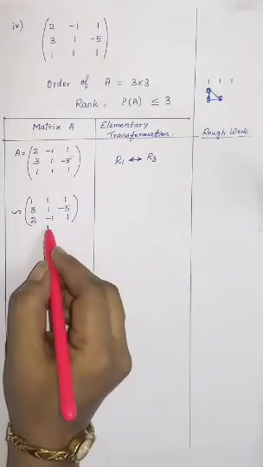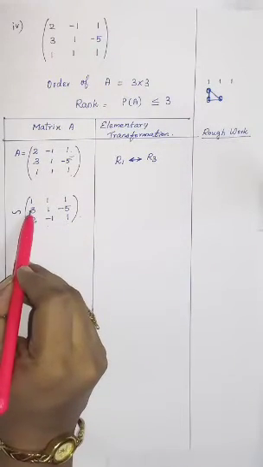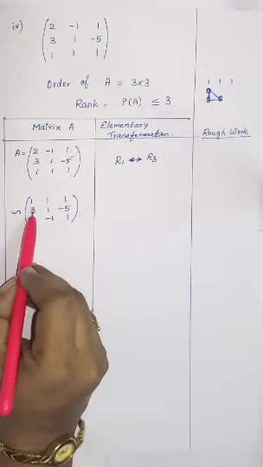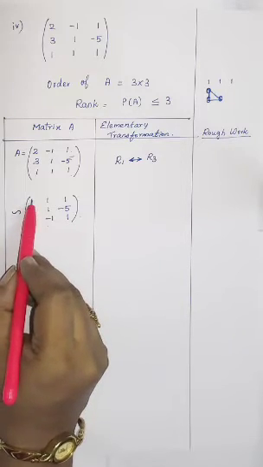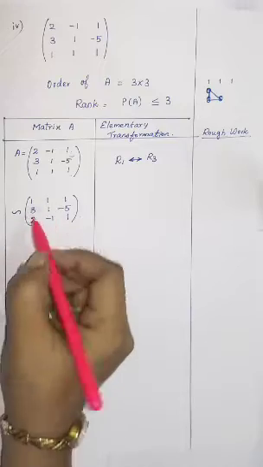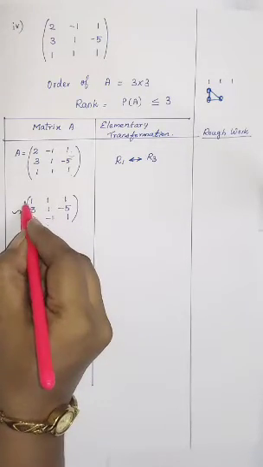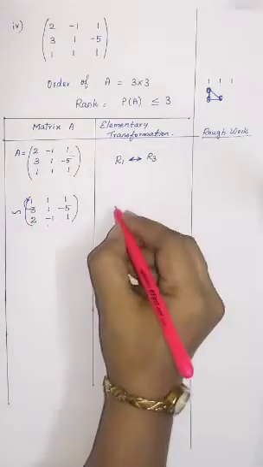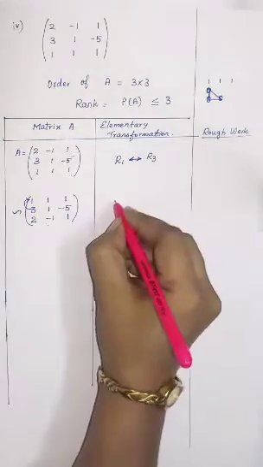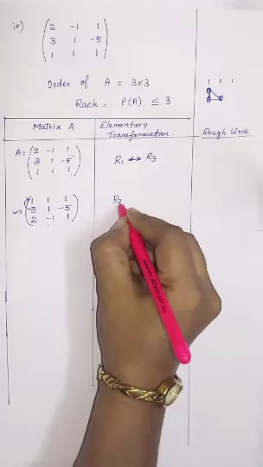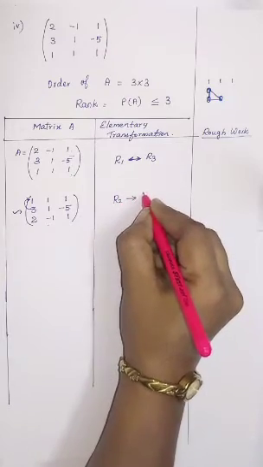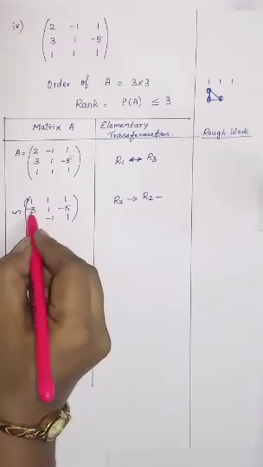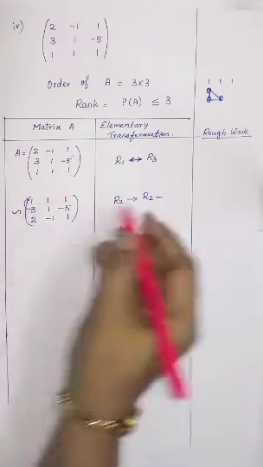So we'll have to make some arrangements and try to get these 3 zeros. For that, whatever number is here, this place we'll have to make 0, and that too using your R1 only. So whatever number is here, just multiply it with row 1 and subtract, you'll get your answer. So I'll write here R2, we are going to convert it. R2 becomes R2 minus 3 R1, since this number is 3 and it has to be multiplied with R1.